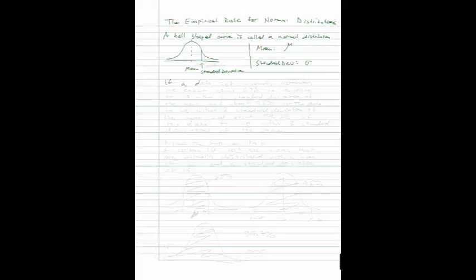So our rule states the following. If a data set is normally distributed, we expect about 68% of the data to lie within one standard deviation of the mean.